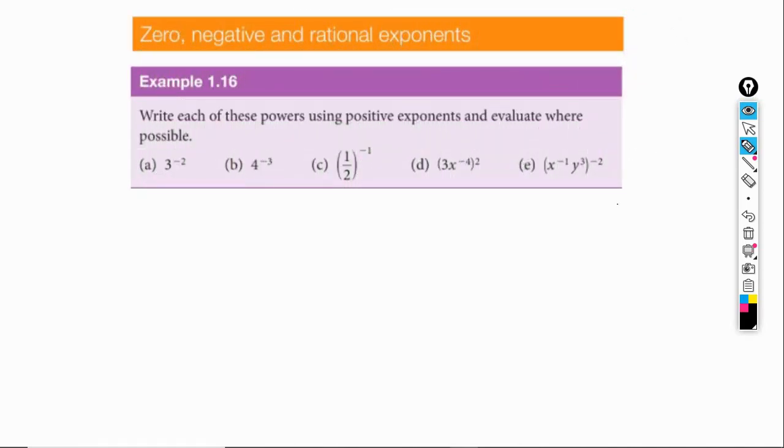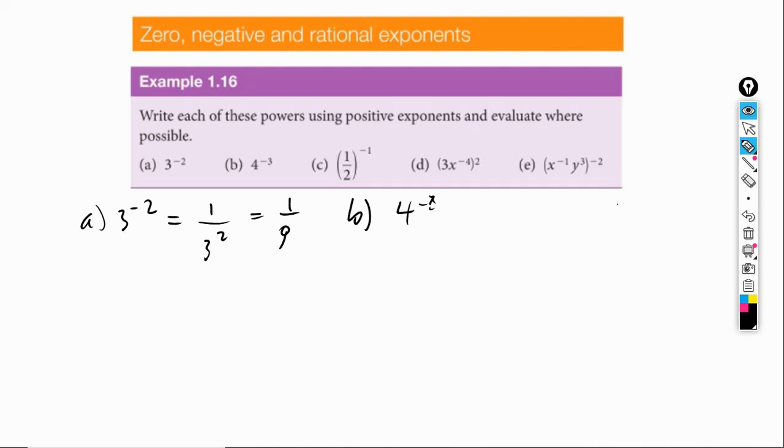So next we have example 1.16, and it says write each of these powers using positive exponents and evaluate where possible. Okay, so for A, we have 3 to the minus 2. So we know that this is the same as 1 over 3 squared, and this is 1/9. For B, we have 4 to the minus 3.